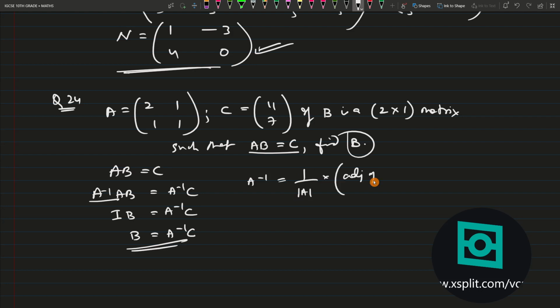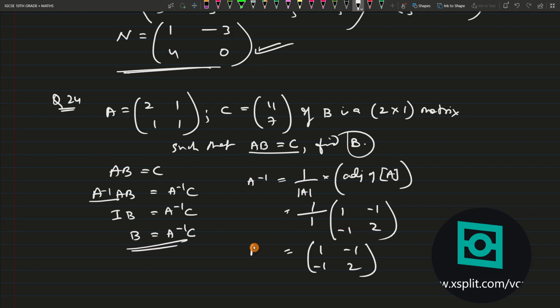So this is 1 upon, now determinant of A will be 2 ones are 2 minus 1. 2 minus 1 is 1. And adjoint of this A will be, I'll swap these positions this way and I'll change the sign of these two. So my answer is 1, minus 1, minus 1 and a 2. This is my answer for A inverse.